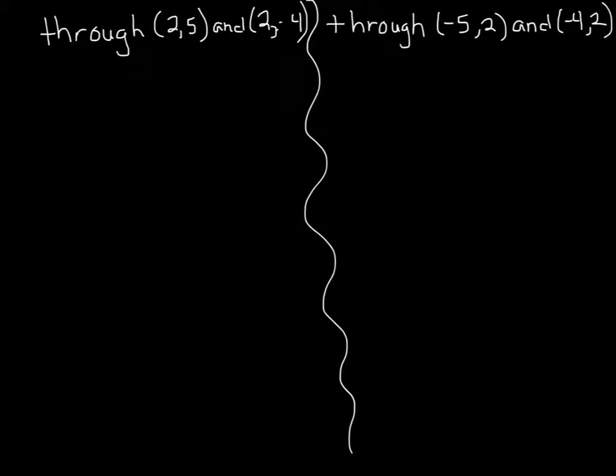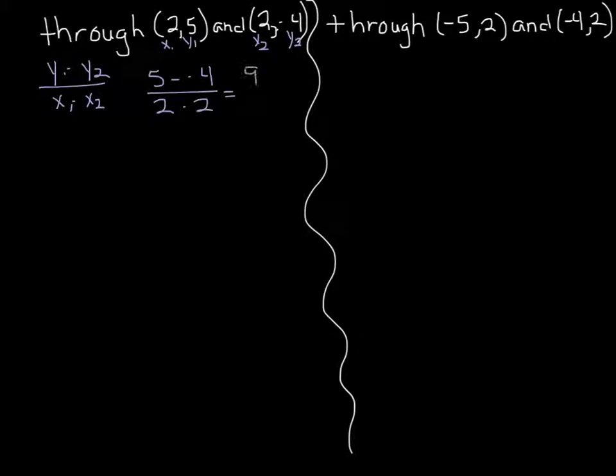Okay, with this one now we have 2 points. So we're going to start by finding the slope. Remember that would be y1 minus y2 over x1 minus x2. So in this case your y's would be 5 minus negative 4, and the x's would be 2 minus 2.